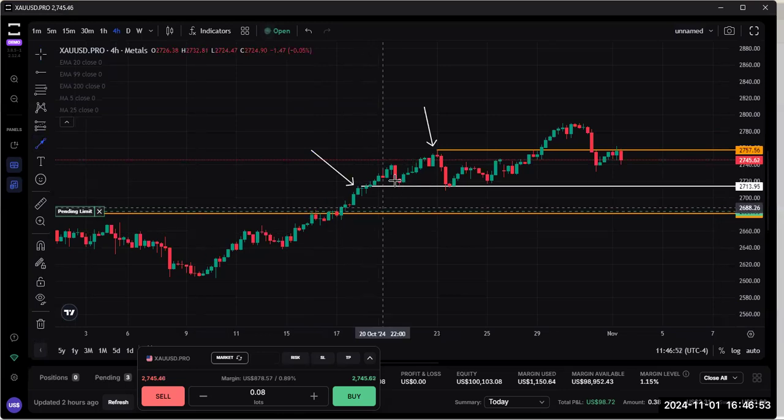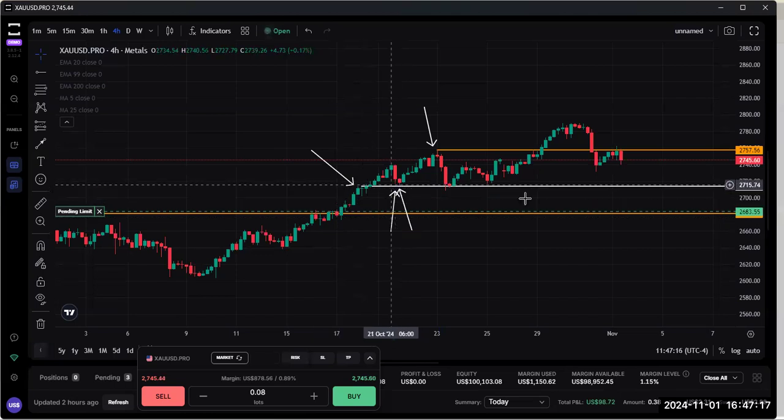It broke above, and when it started coming back down, look, it stopped. It didn't continue. It stopped at the line. The next time, same thing happened. Stopped at the line. It couldn't continue coming down. So it flipped the ceiling into a floor.